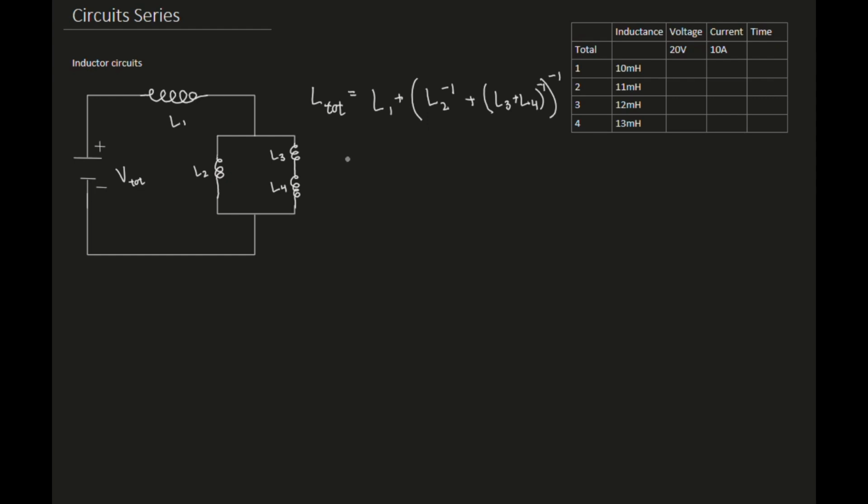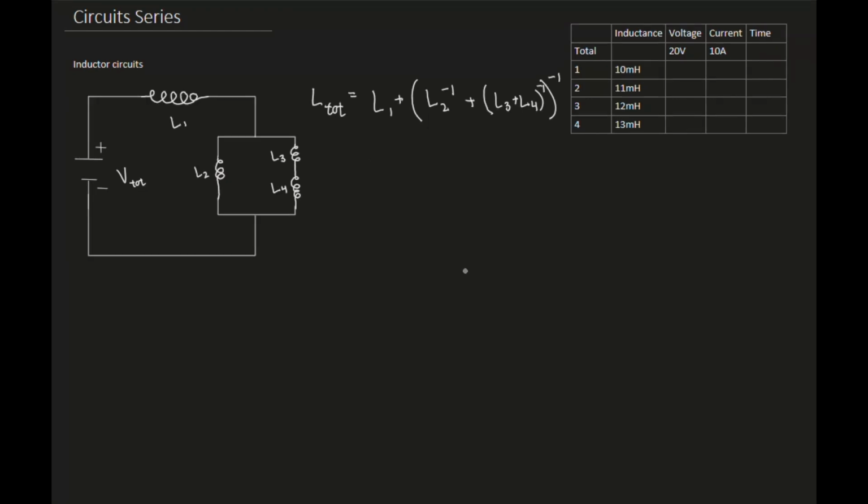Before I start plugging in numbers, let's get all our algebraic equations written down first. Let's now look at the total current over this entire circuit. The total or equivalent current is constant in series, so it's going to equal I1. It hasn't changed at all there.